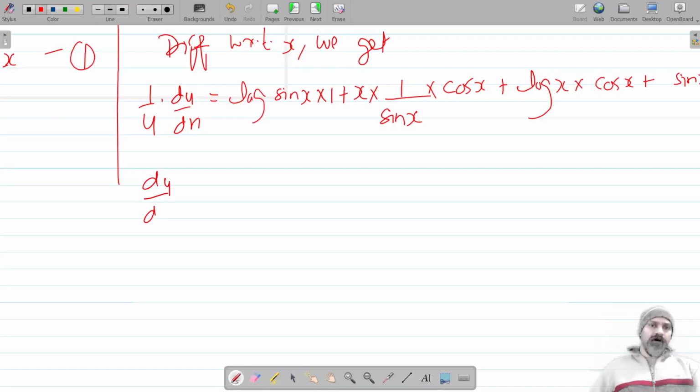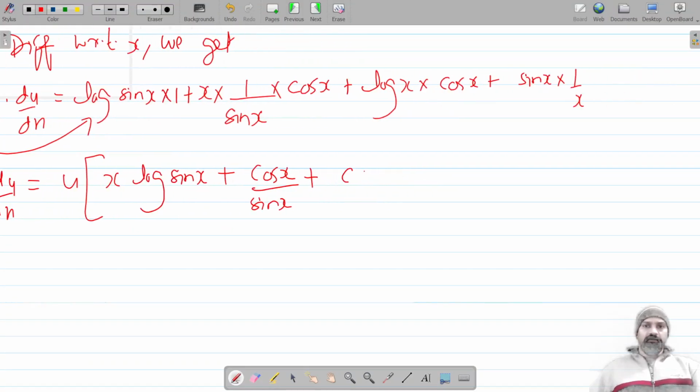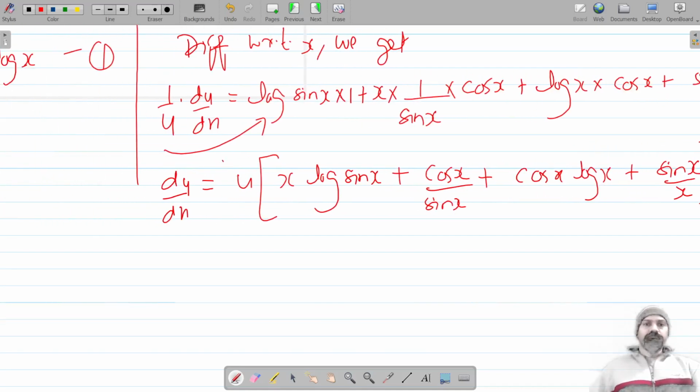So du by dx is equal to u into, let's try to simplify this. This is x log of sine x plus cos x upon sine x plus this is cos x log x plus sine x by x.